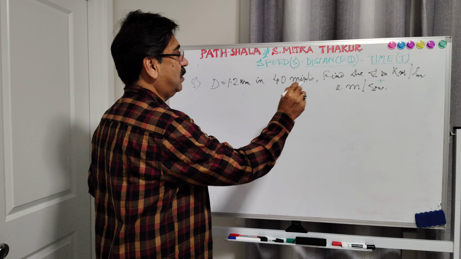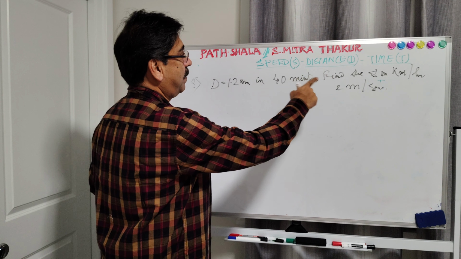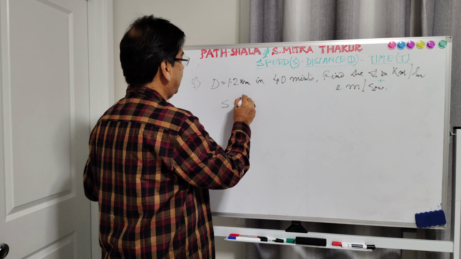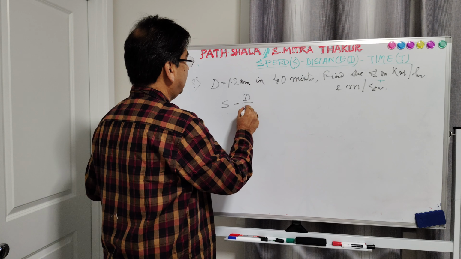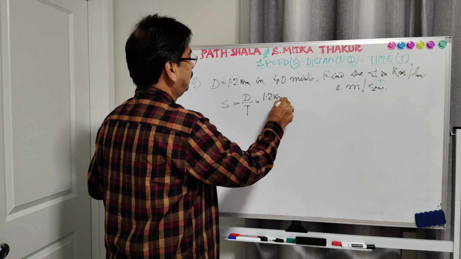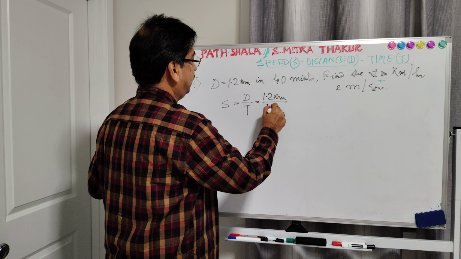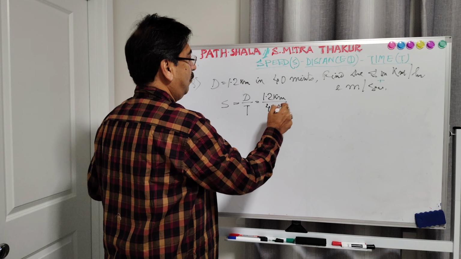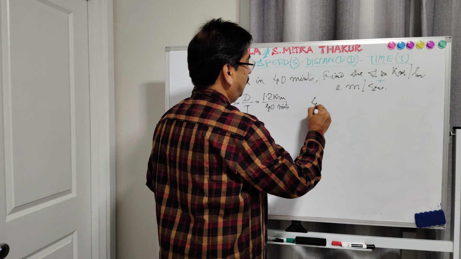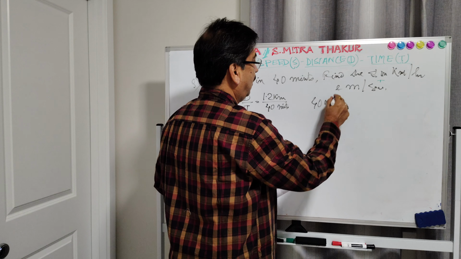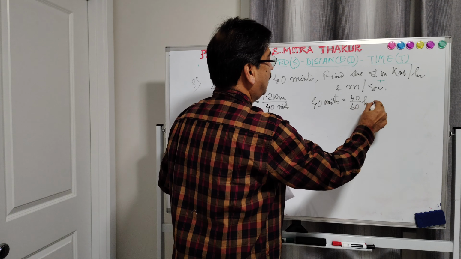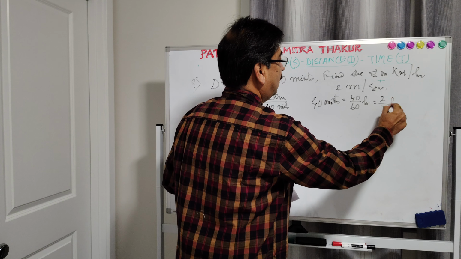Here we know the formula for speed. Find the speed. So speed equal to distance by time. That distance is 1.2 kilometer by 40 minutes. But it should be expressed in kilometer per hour. So 40 minutes equal to 40 by 60 hour, that is 2 by 3 hour.